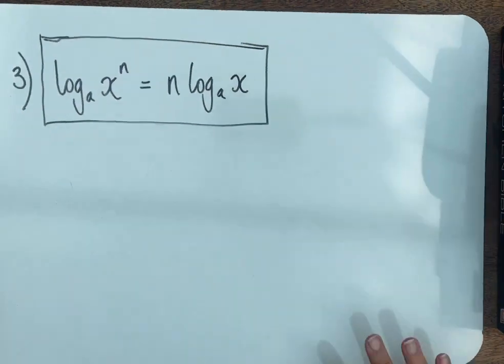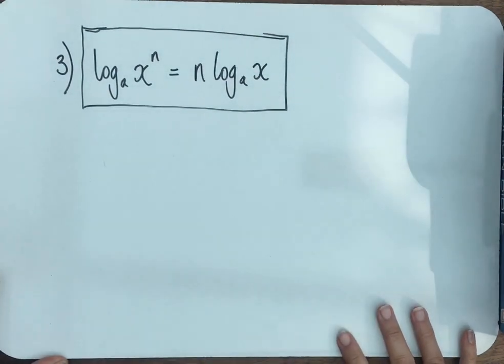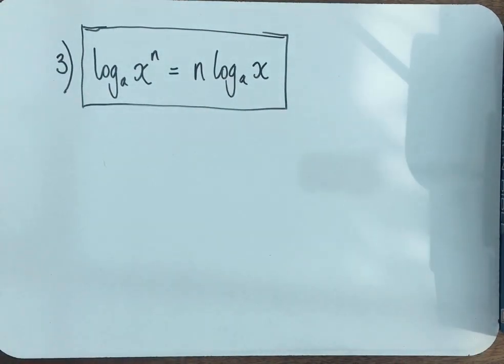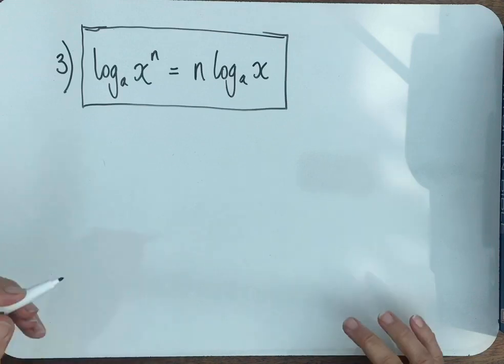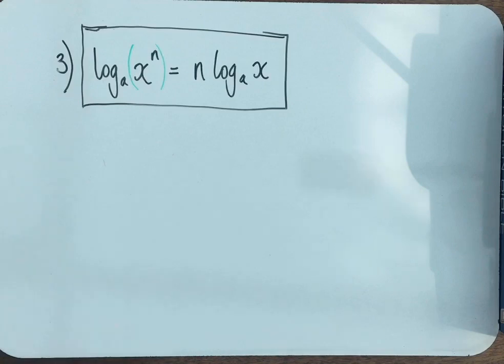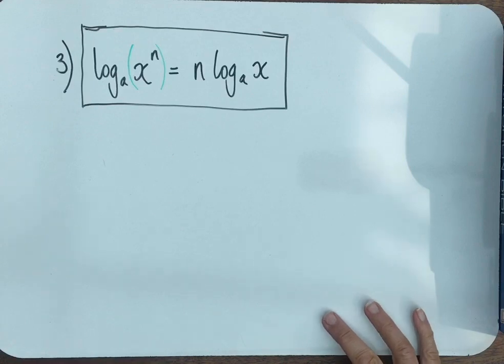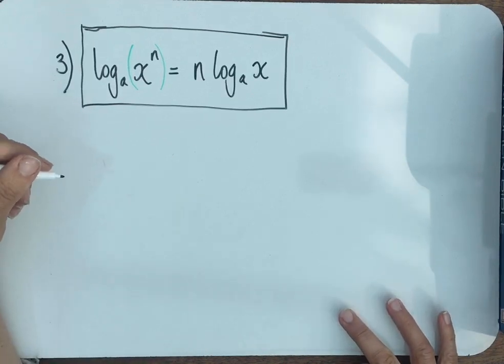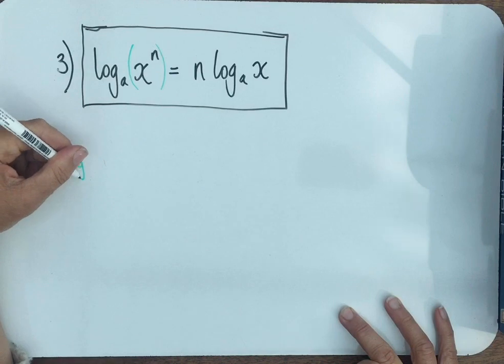Third rule is that log to the base a of x to the power of n. So again, you wouldn't write this with brackets, but the brackets are sitting like that, essentially. So it's not around the outside of that. It's n log x. So as an example, I'll do the proof as well.